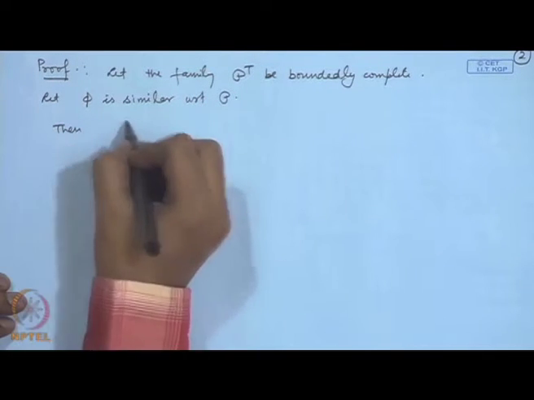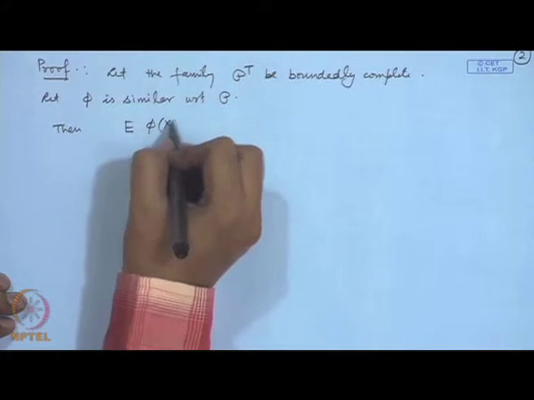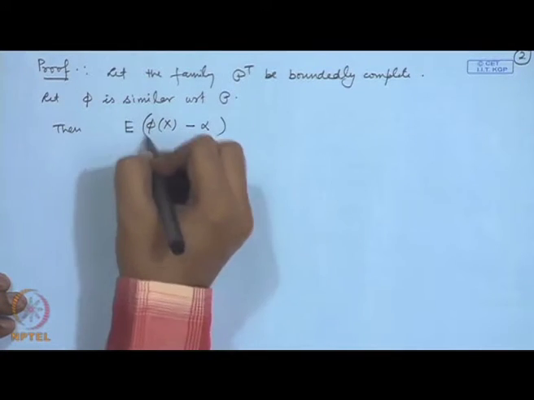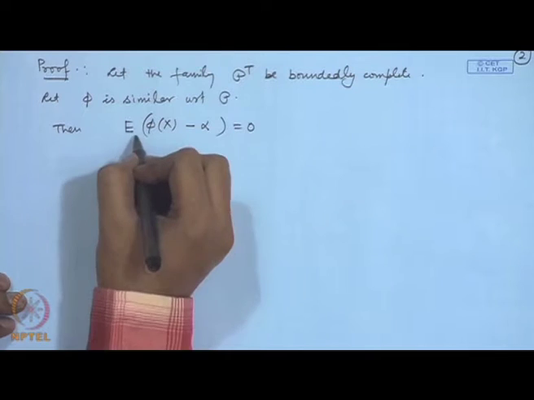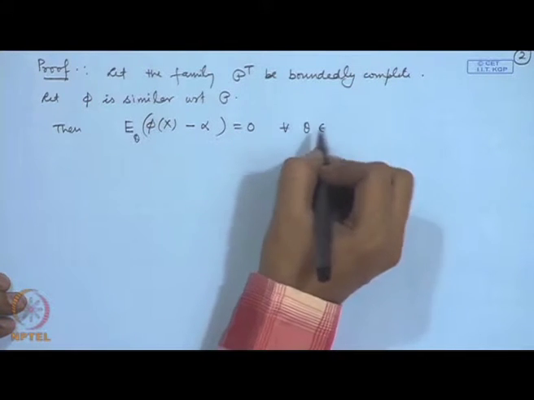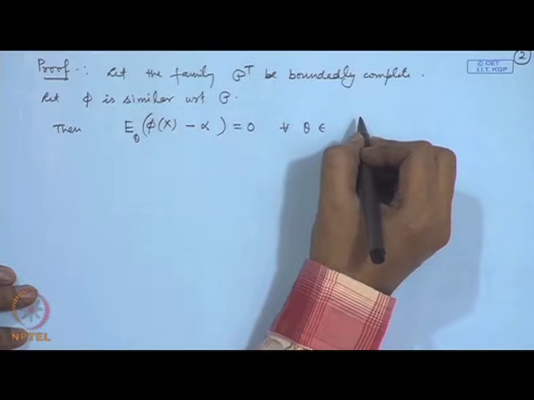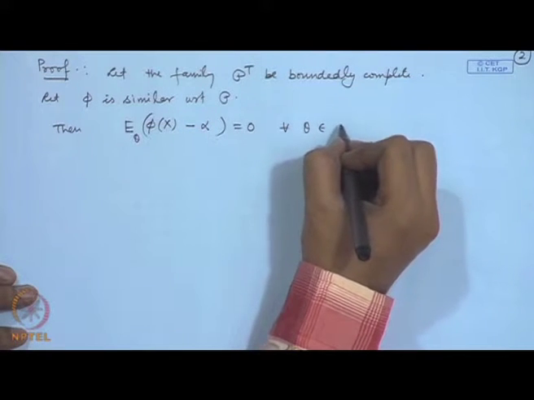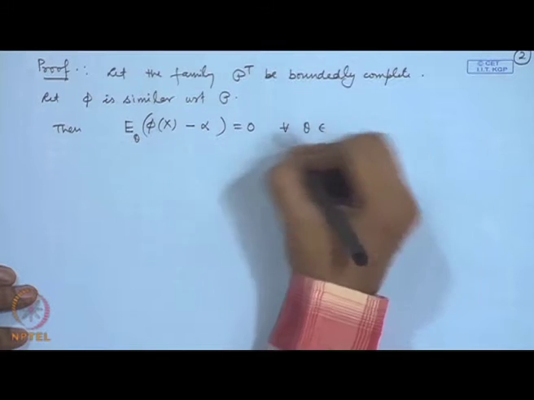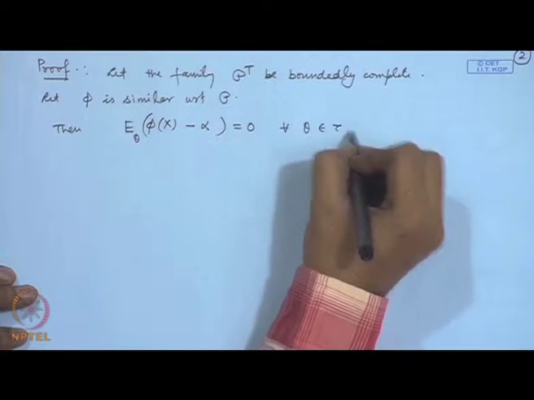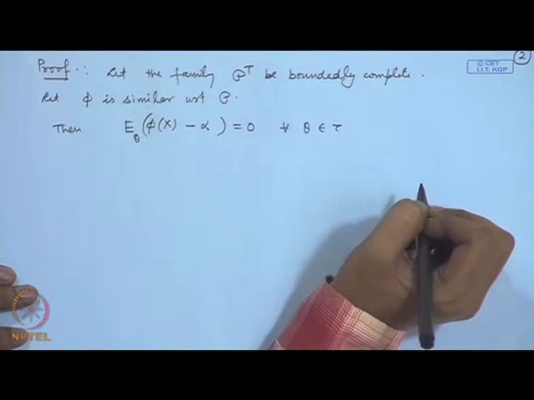So, if it is similar, we are able to write down that expectation of phi x minus alpha is equal to 0 for all theta belonging to the parameter space. If it is similar, then we can say it is equal to this for every theta belonging to tau.